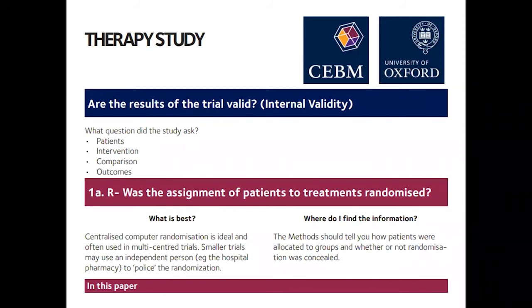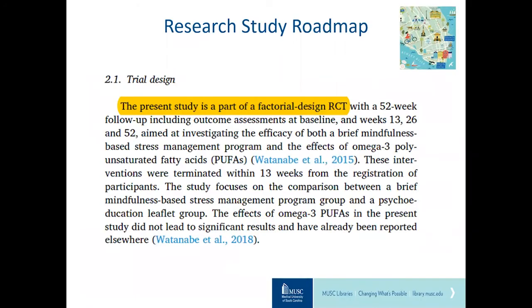So as you can see here, the first question in their appraisal tool is, was the assignment of patients to treatments randomized? To help us answer that question, here's a screenshot from the article's methods section about trial design. So we can confirm that this is a randomized trial.